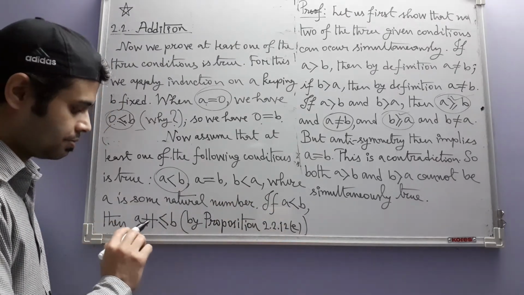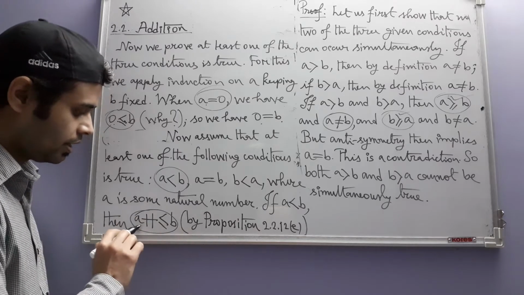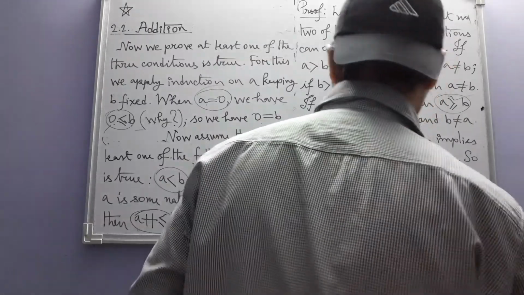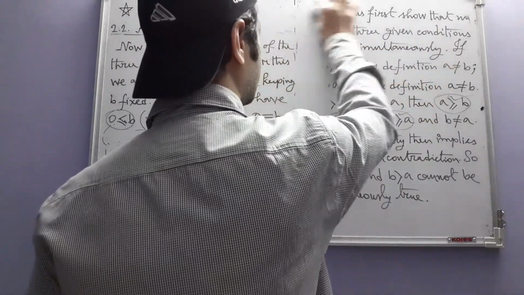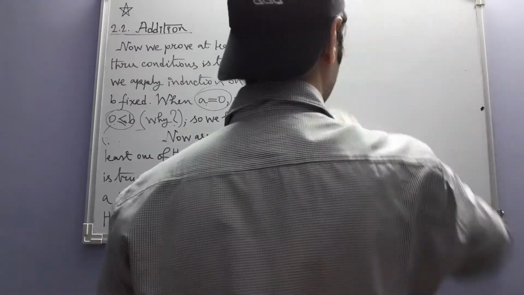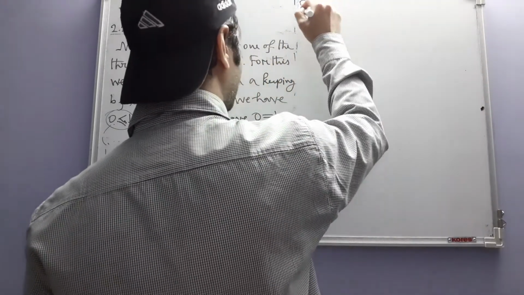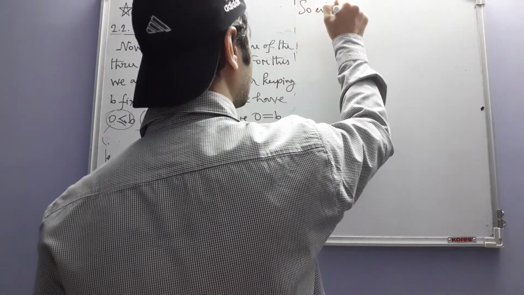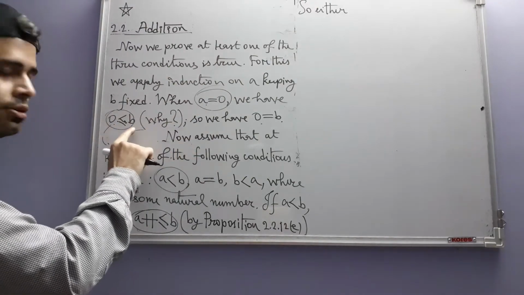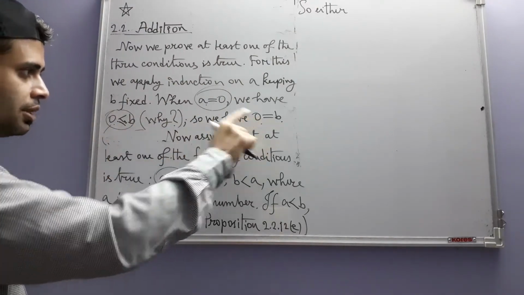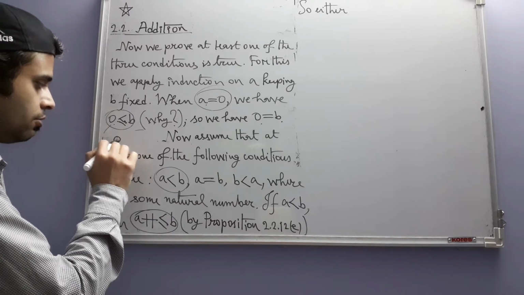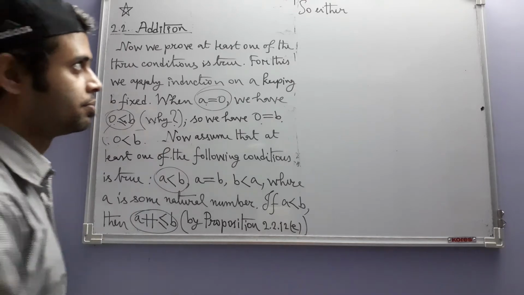So you see that I have got a relationship between a plus plus and b, and from this relation I can draw the conclusion. So either, just like what we did here, after writing 0 less than or equal to b, I have written, so we have 0 equal to b or 0 strictly less than b.